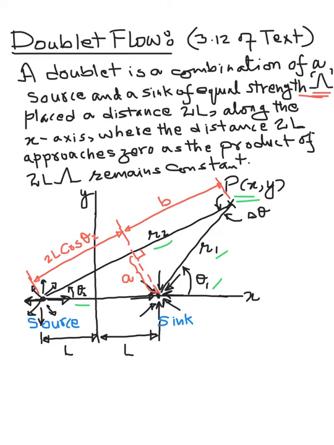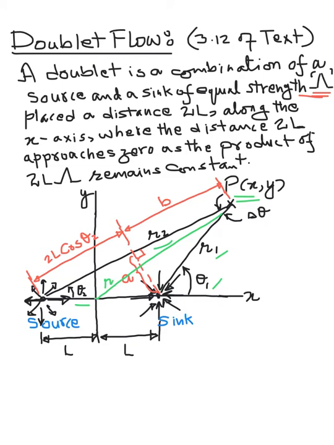Now it is critical that the sink and source will approach each other. So these distances will ultimately be from the origin, which I will keep as an arbitrary distance r, and this is my origin.